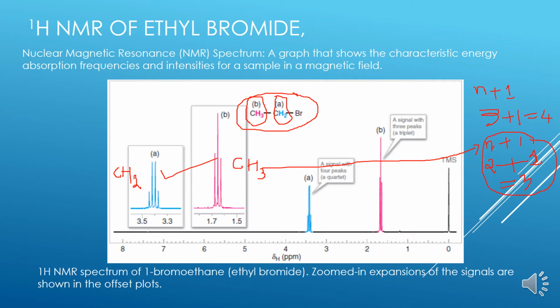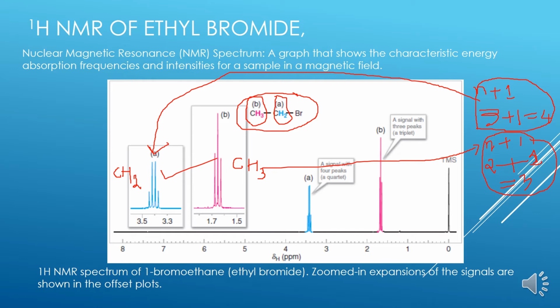CH3 splits into 3 peaks, and methylene protons split into 4 peaks. This is because of spin-spin splitting, spin-spin coupling. Remember.